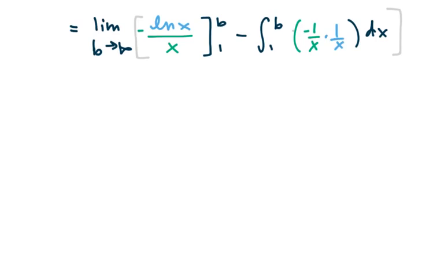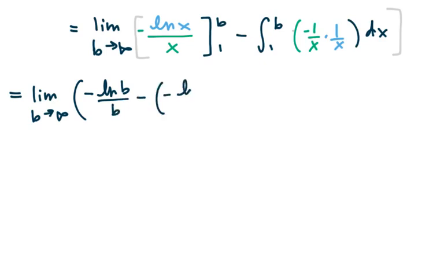So I'm going to give myself a little more space. I've got the limit as b approaches infinity of, I've got negative natural log of b over b minus negative natural log of 1 over 1 minus the integral from 1 to b.